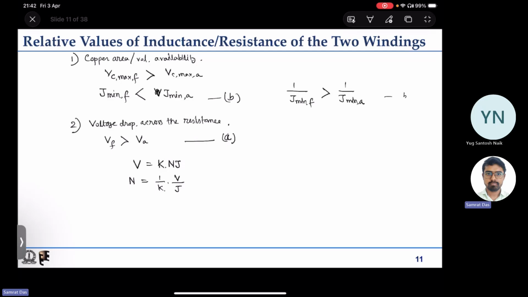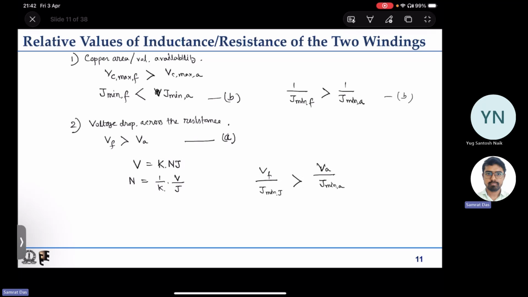So this is the modified equation B, and if now equations A and B are multiplied, you will find that Vf divided by J_min F is high compared to V armature divided by J_min armature.